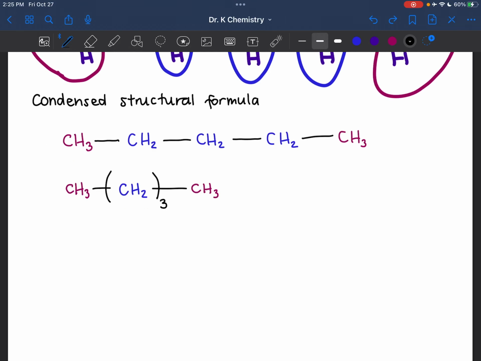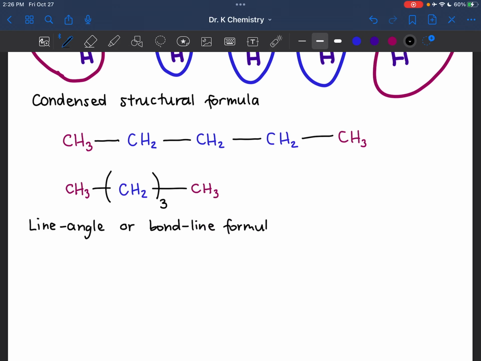The condensed structural formula can be nice, but sometimes molecules get so big, they can have 50 atoms or more, that it gets unwieldy even with condensed structural formulas. And then we want an even better, more efficient system that enables us to draw these molecules quickly. For that, we will use line angle or bond line formulas.